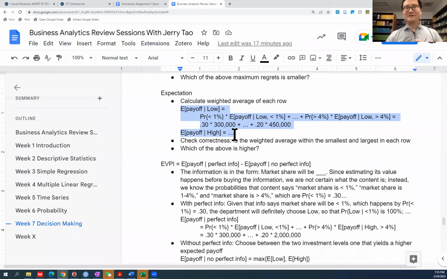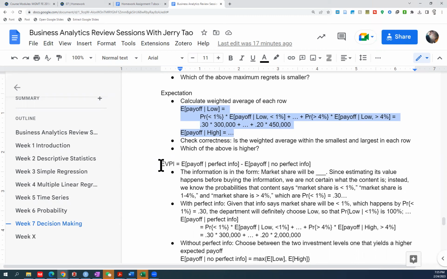Okay, could you pause there? First, to address D, it is most important to understand the essence of the approach: the value of information is simply the difference of payoff with the information and without the information.